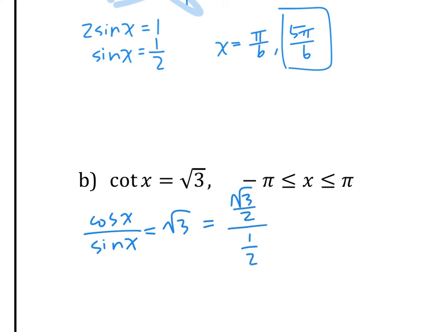Okay, this is the only way you can simplify and get a square root 3. The problem is, where is that angle? 7 pi over 6. So this is when cosine is that number and sine is that number, or the negative version, right? Negative is also going to give me the same ratio.